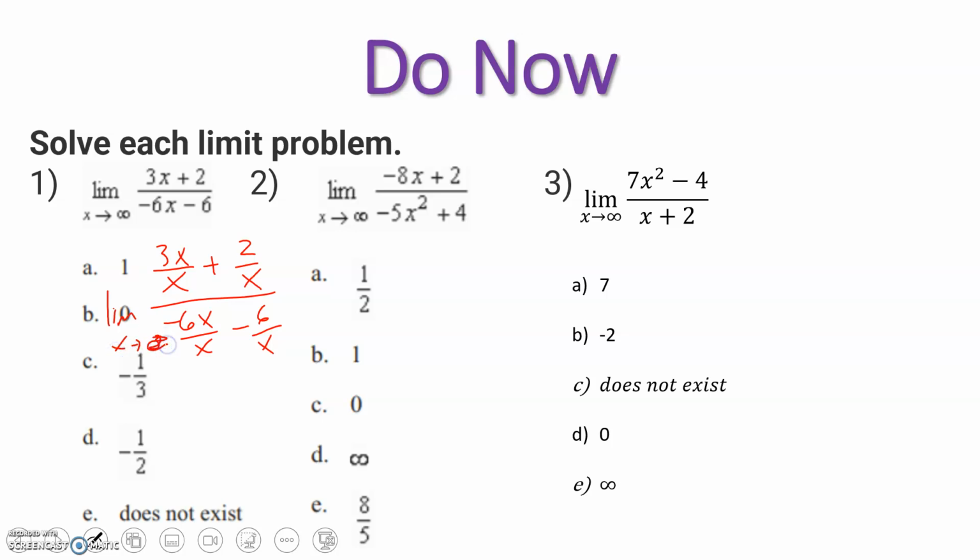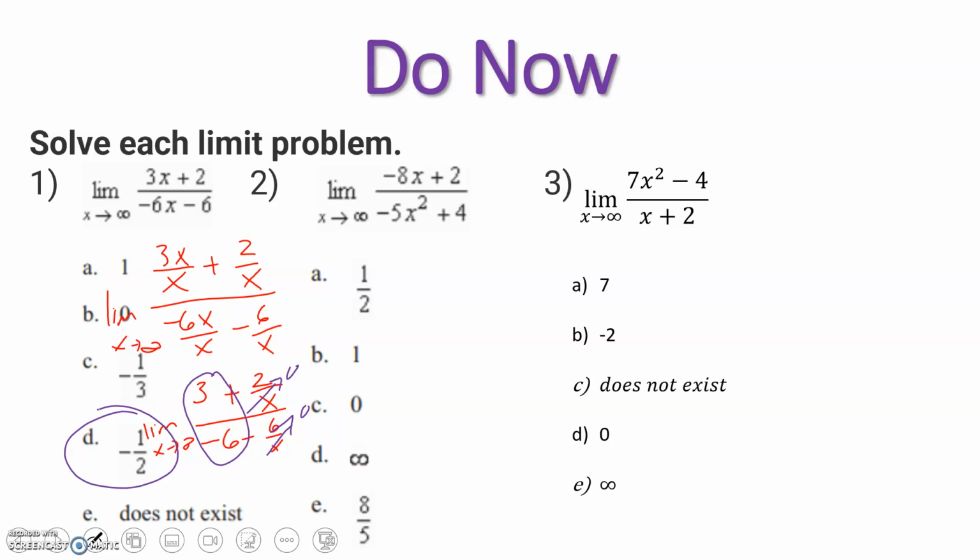We recognize that every single term that has an x in the denominator after canceling will result in a 0. So we have this 3, 2 over x, -6, 6 over x, the limit as we approach infinity. So we recognize this goes to 0 and this goes to 0, and we're left with 3 over -6, or -1/2.